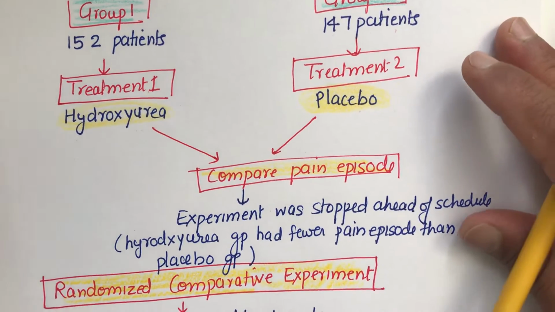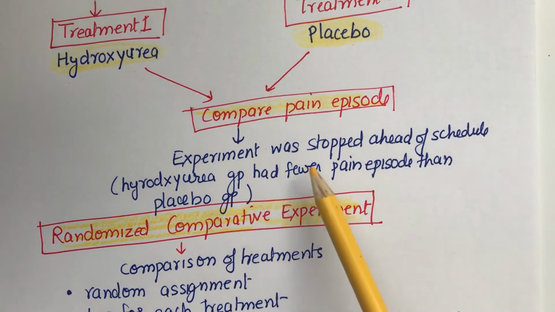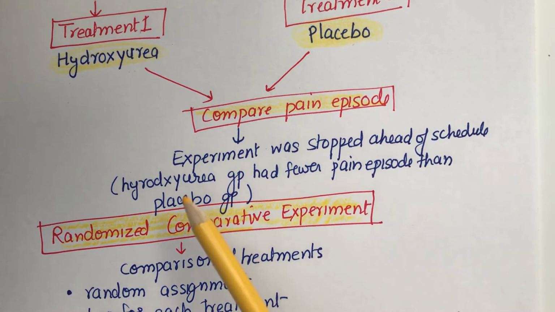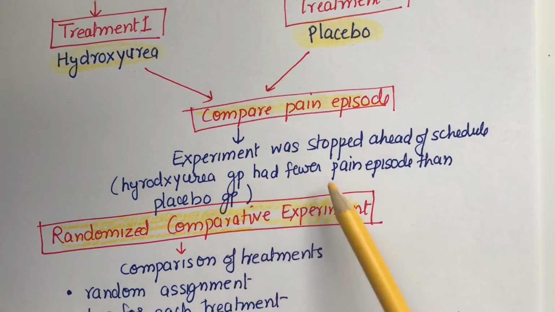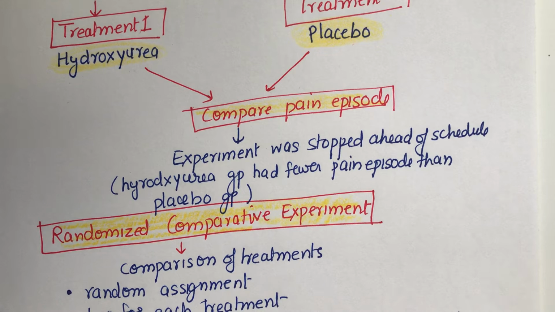Afterwards, in the middle of the experiment, they stopped ahead of schedule because the hydroxyurea group had fewer pain episodes than the placebo group. They concluded that the hydroxyurea group was doing much better and improving in health compared to the placebo group.